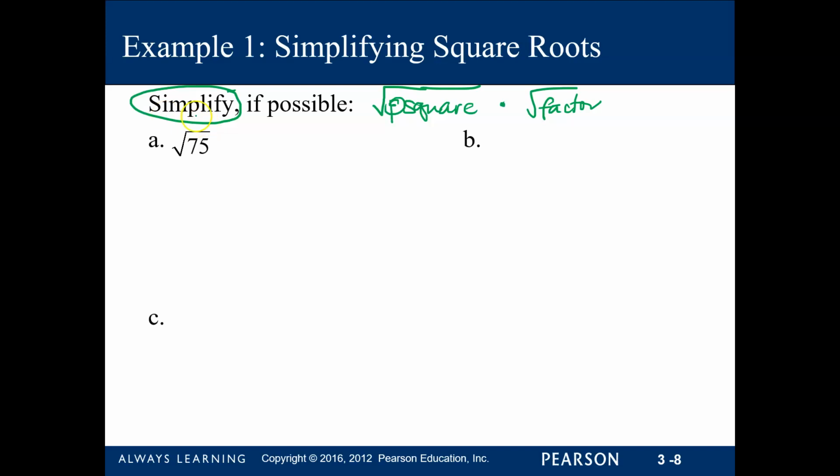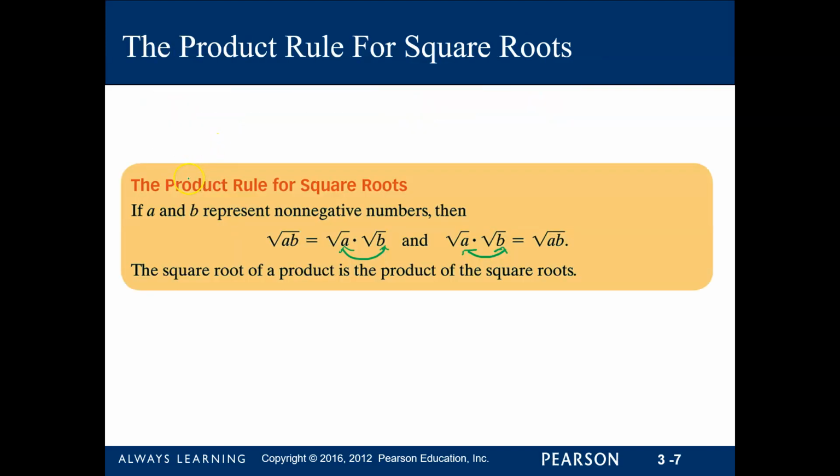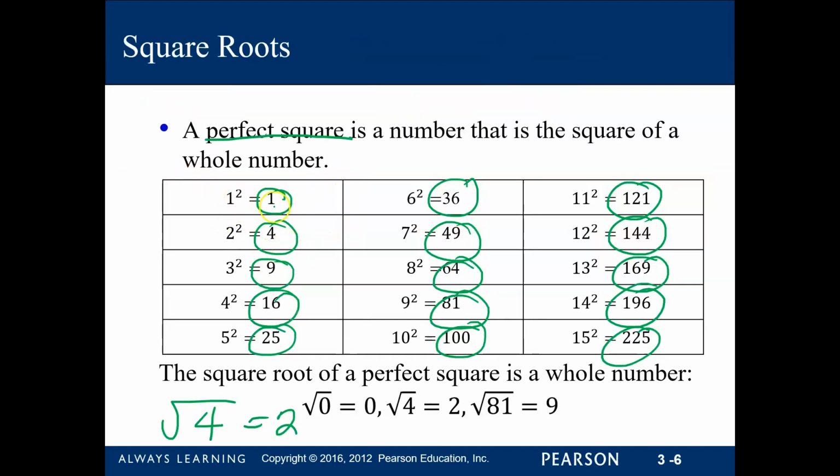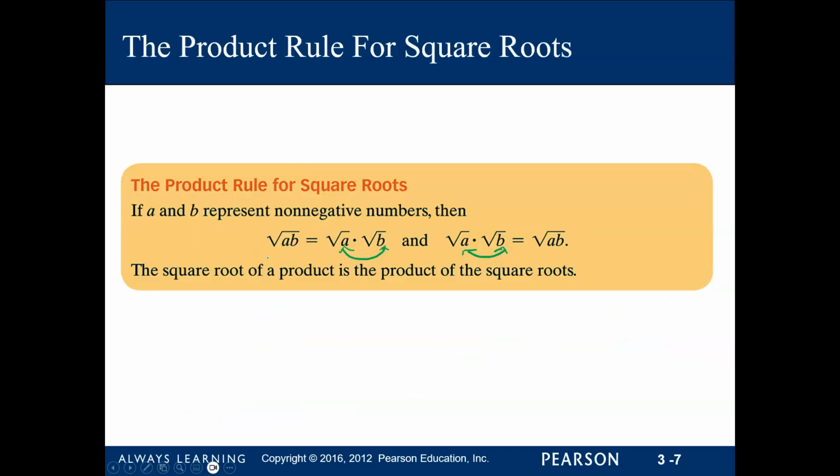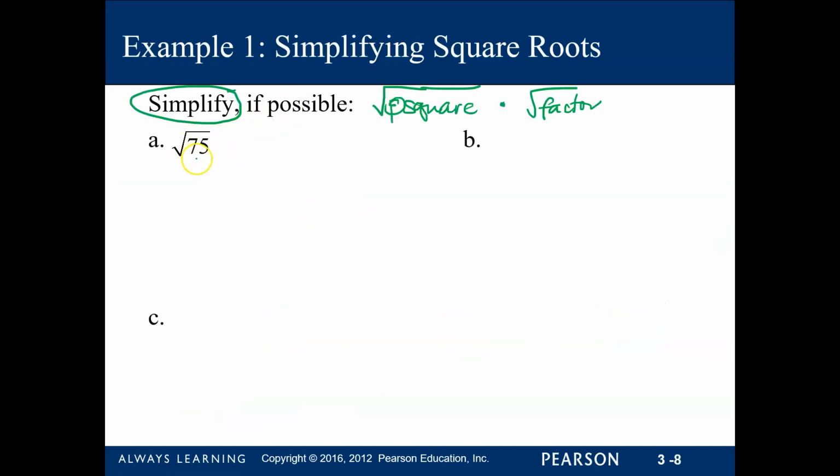Why? Because when you simplify a perfect square, you have a whole number. So in the case of 75, which perfect square can divide 75? Again, when we talk about perfect squares, it's these numbers: 1, 4, 9, 16, 25. These are your first things to think of when you are factoring out your product.